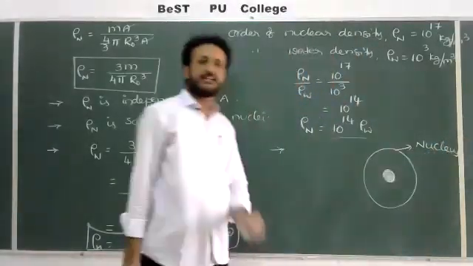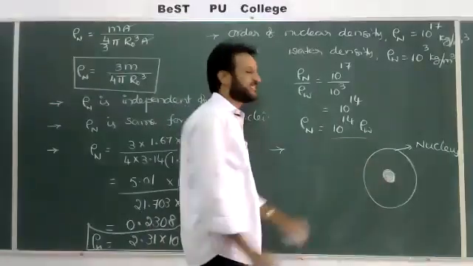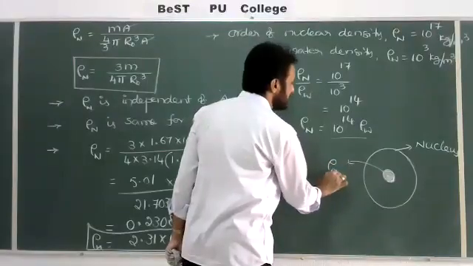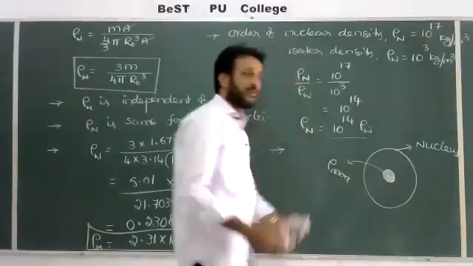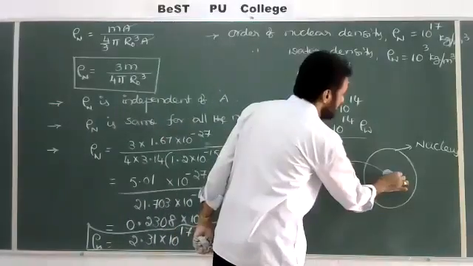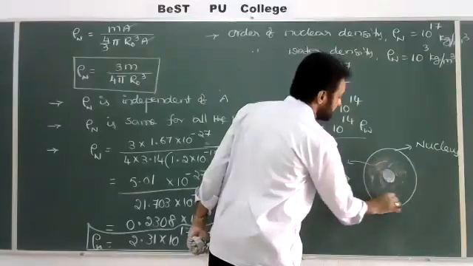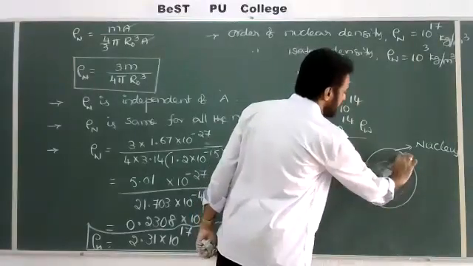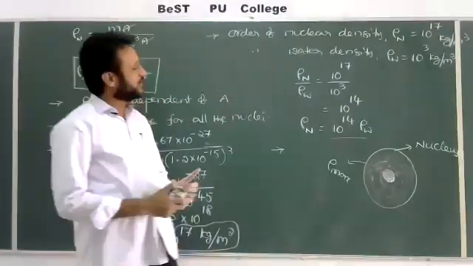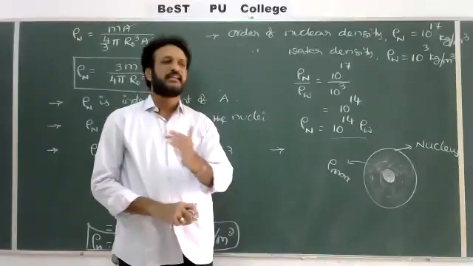Inside the nucleus, exactly at the center, density is a maximum, rho maximum at the central part. As we are going away from the center of the nucleus, the nuclear density gradually decreases like this, and finally it becomes zero at a particular place. So as we are going away from the center, the density gradually decreases.